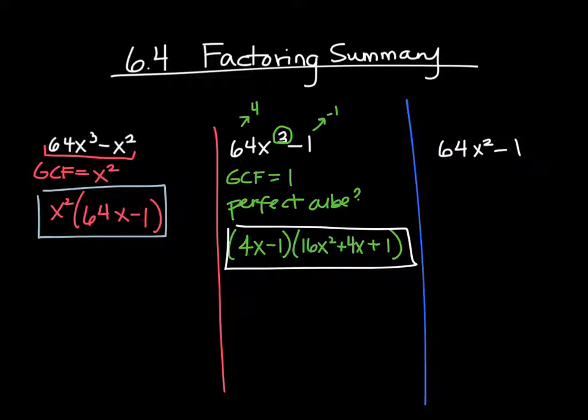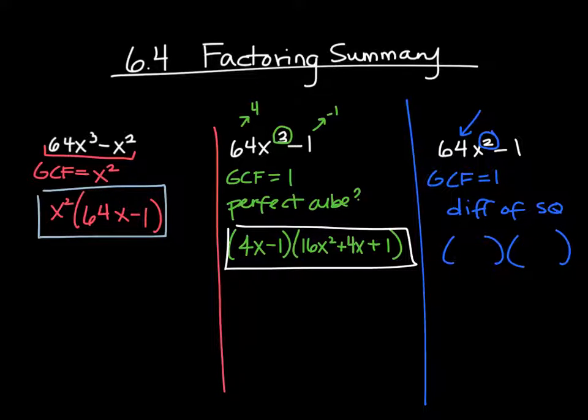All right, last one. It looks very similar to this middle problem, except now this is a square. So again, I'll start with GCF. It's just going to be 1. Because it's a square, this is now difference of squares, which is going to give me those conjugate terms where they're opposite signs. So I think, what's the square root of 64?